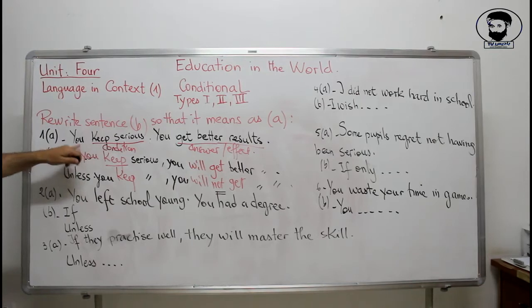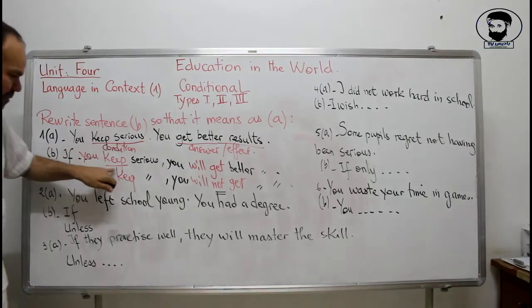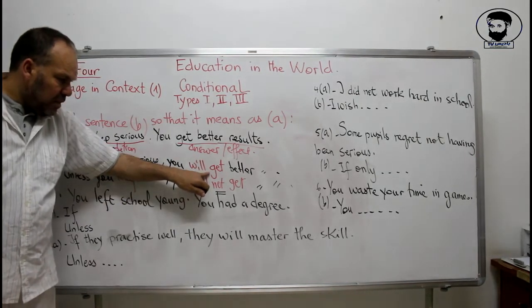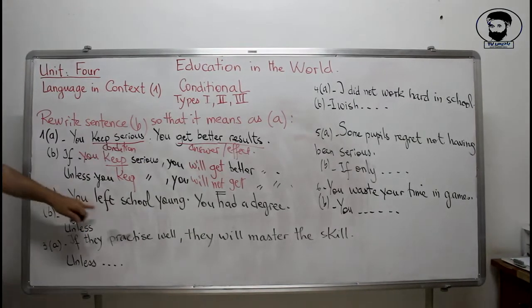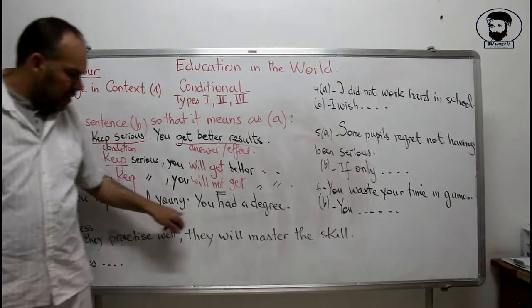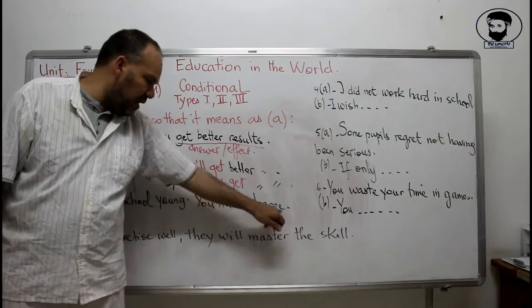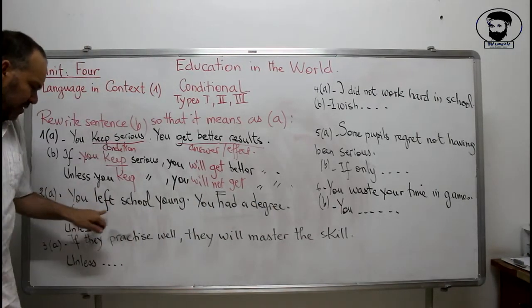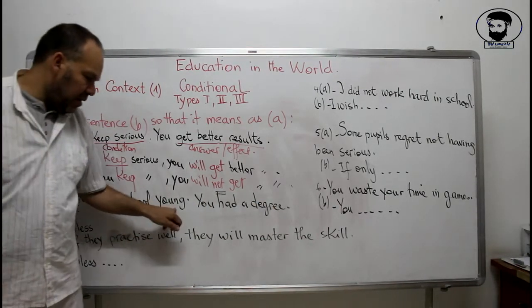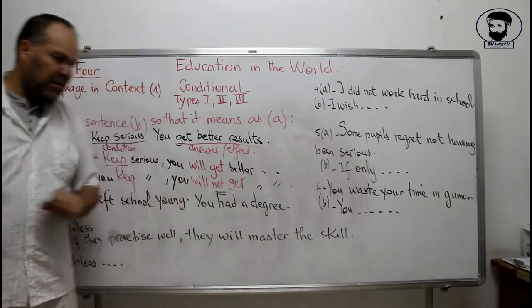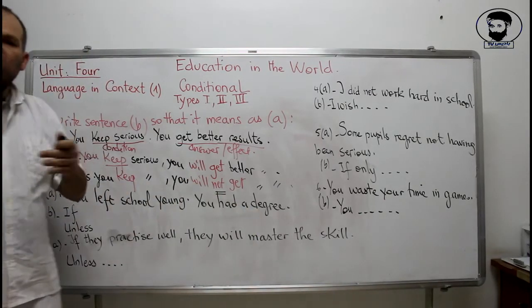Now, this is called type 1. Why type 1? Because this verb is in the simple present. Now, let's go to the second one. You left school young. You had a degree. Now, what is the correlation between these?